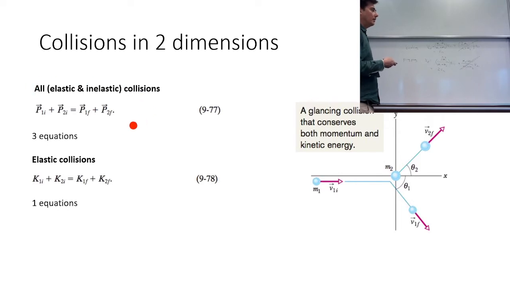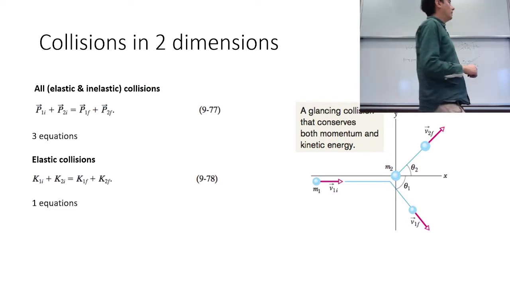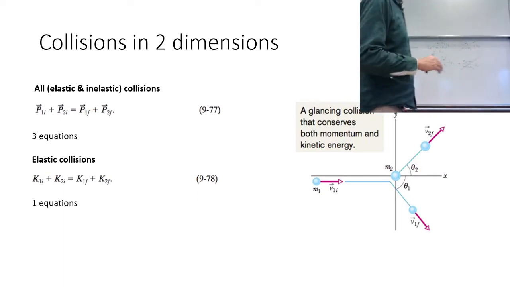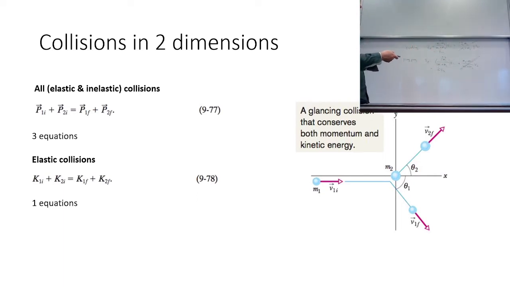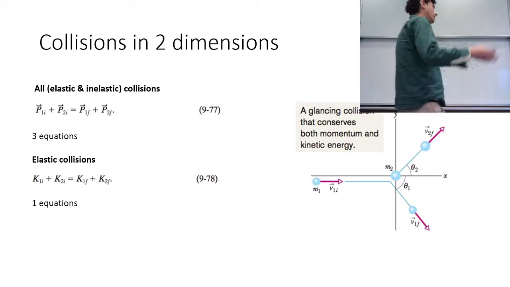So in, say, a 3-dimensional case, there are actually 3 equations for conservation of momentum. You look at the x component, the y component, the z component, and all 3 obey conservation of momentum. So it looks like one equation, but actually it's 3 in the case of 3 dimensions.